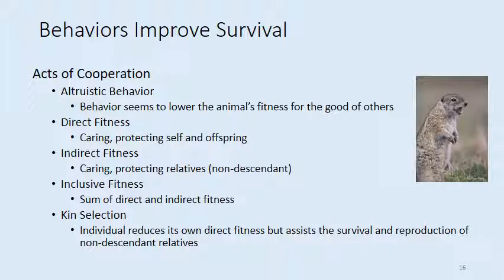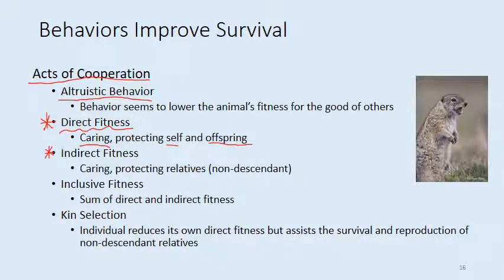Okay. Acts of cooperation. So in a society, need to know the difference between these. Altruistic behavior just means when animals help each other, so for the good of others. Direct fitness, put a star by this one. Direct fitness means caring for yourself and for your children, for your offspring.